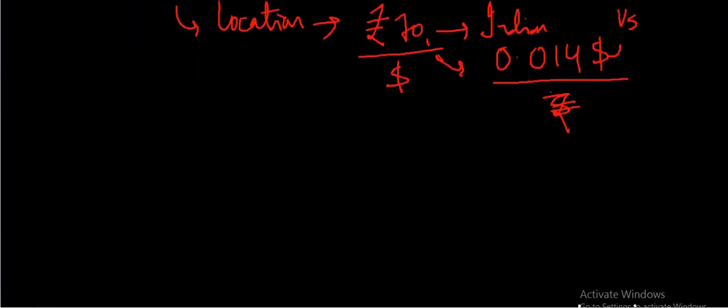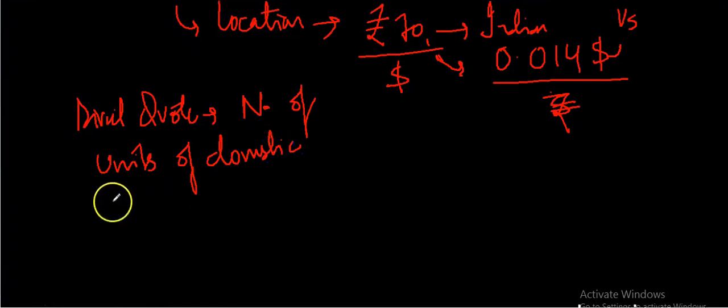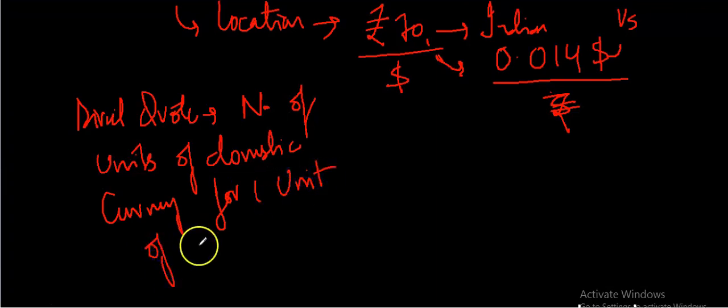We can define the direct quote as the number of units of domestic currency for 1 unit of foreign currency.